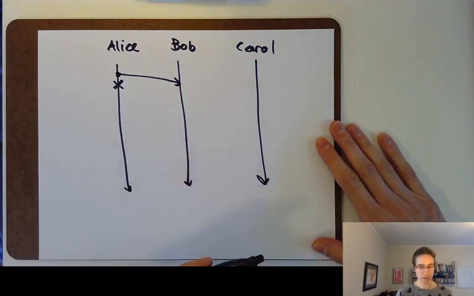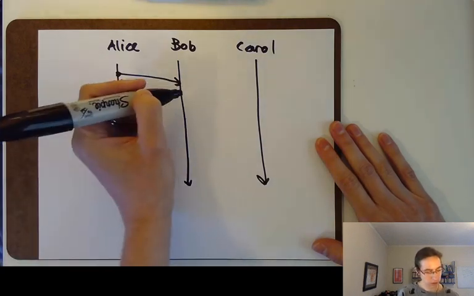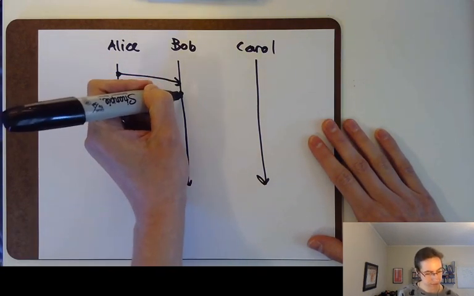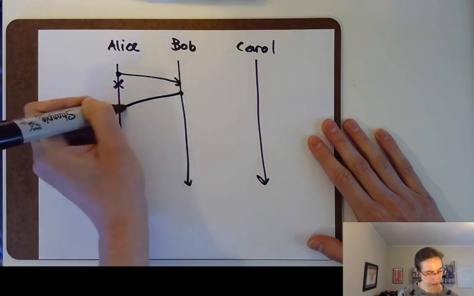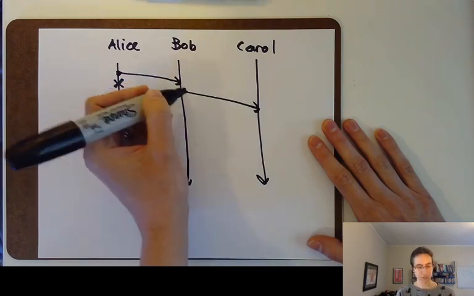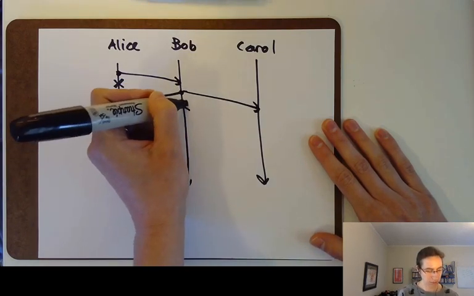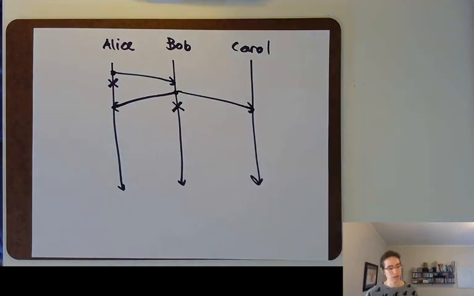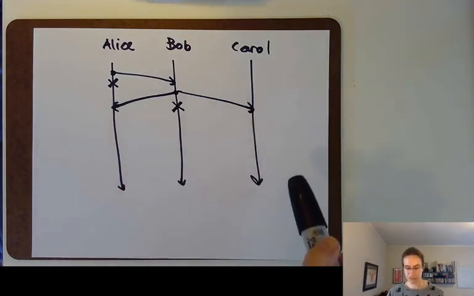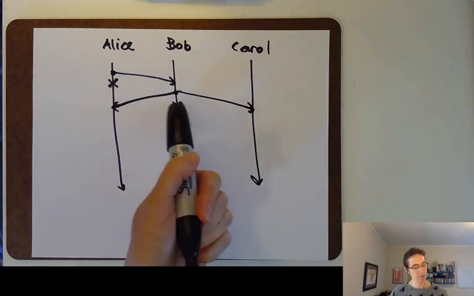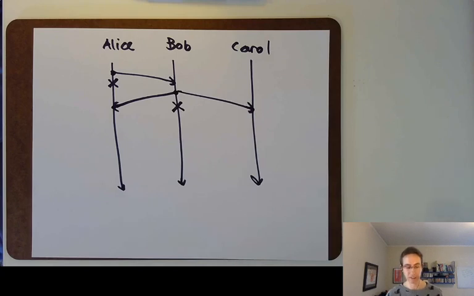So Carol will get the message. Okay, well, what if Bob sends to Carol and Alice, and then let's say Bob crashes before he can deliver the message to himself. Well, is this a problem? It shouldn't be. So now everybody but Carol has crashed, right? Because Alice crashed right after sending to Bob, and then Bob crashed after sending to Alice and Carol. So Carol now is the only correct process.